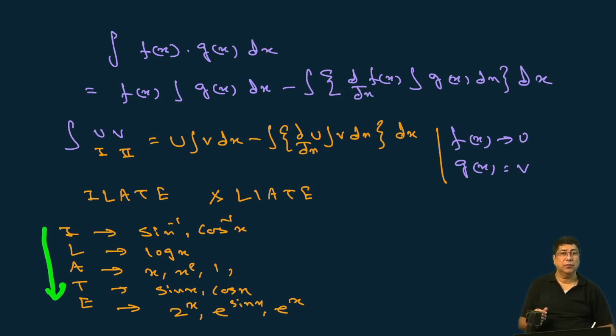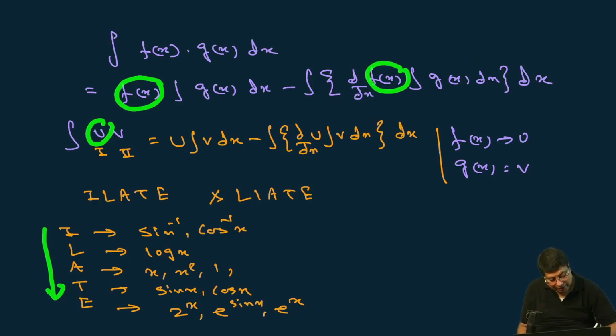We see that u is the first function, which is getting its derivative, and the second function is undergoing the integration. So we have to select as the second function the one which is the better integrable function. That is why the rule, but we can violate the rule. This is not a formula, but this is a rule.